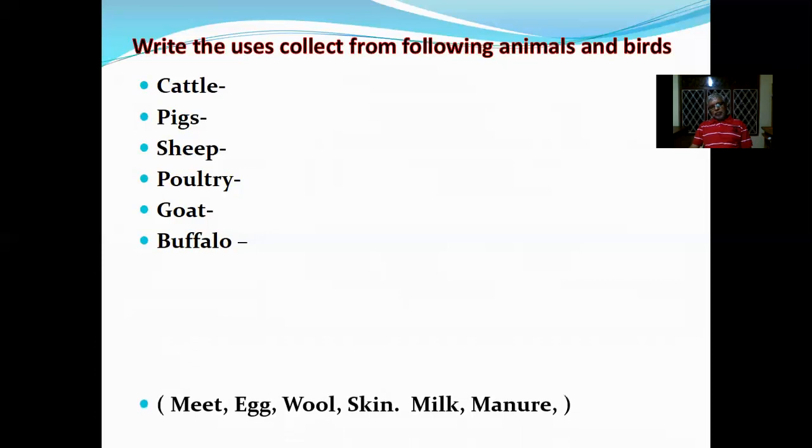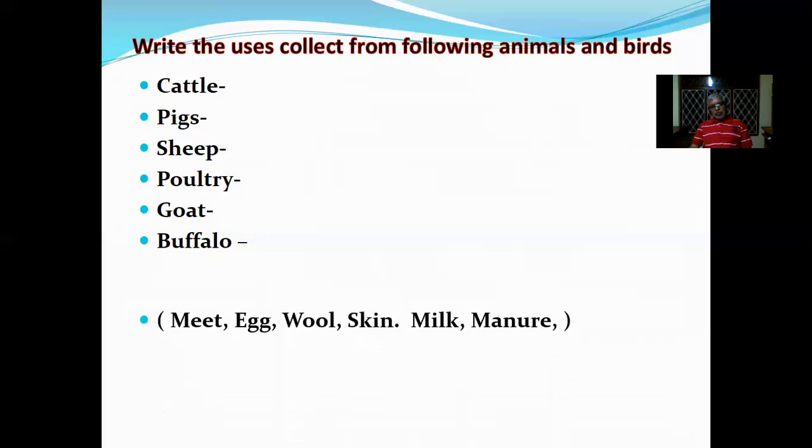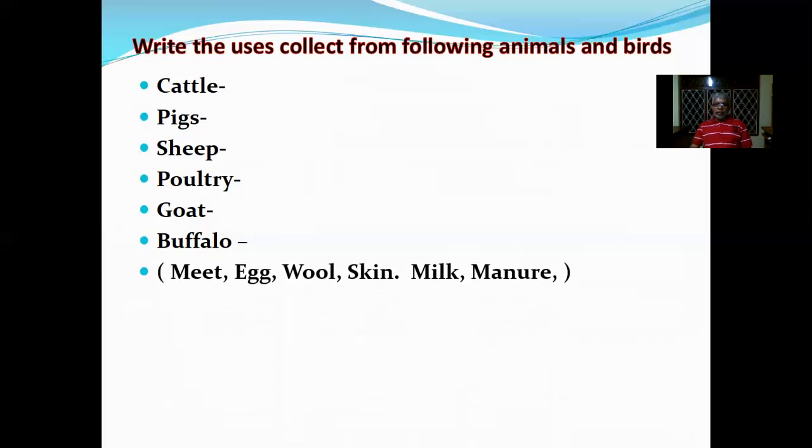Then what are the uses people collect from them, given here? You can write them in front of them. For example, I will tell something. When you take cattle, you find that from cattle we take meat. Then can you take eggs? No, eggs are not connected. Wool? Wool is also not connected. Skin? Okay, skin is taken.